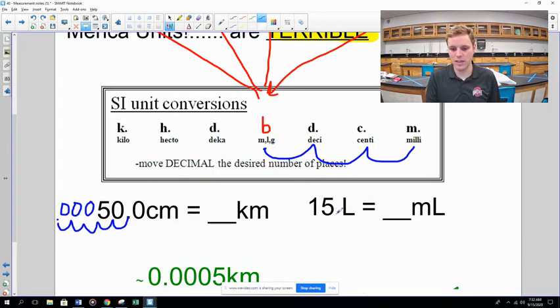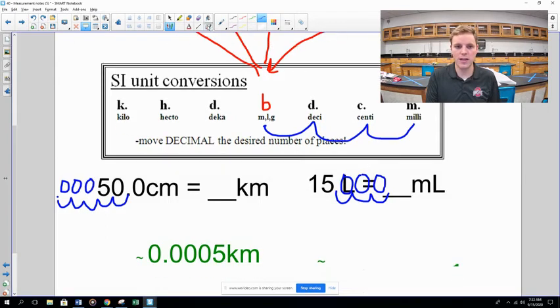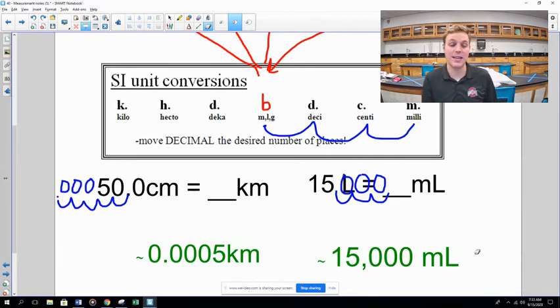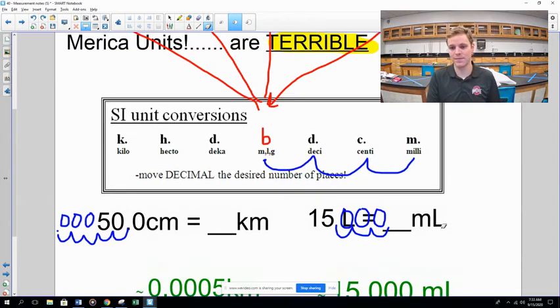So if here's where the decimal is in 15 liters, I'm going to go over 1, 2, 3 spots to the right. So my decimal will now be over here. And I'm going to drop in zeros in all these empty slots. So 15 liters is really the same as 15,000 milliliters.